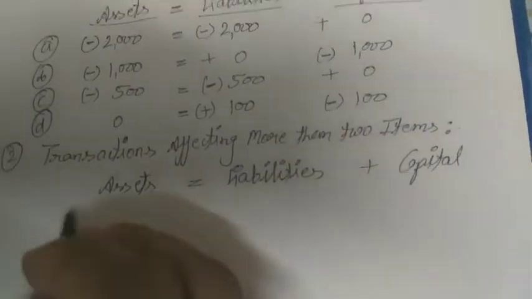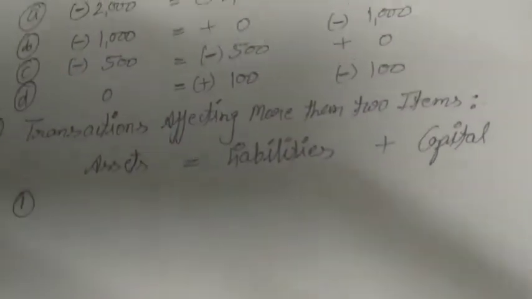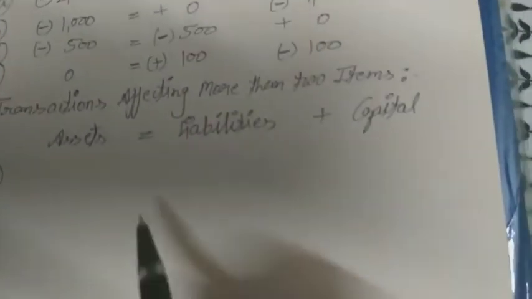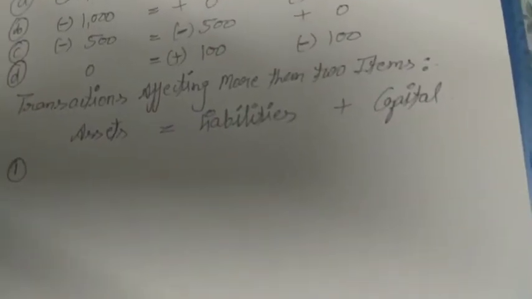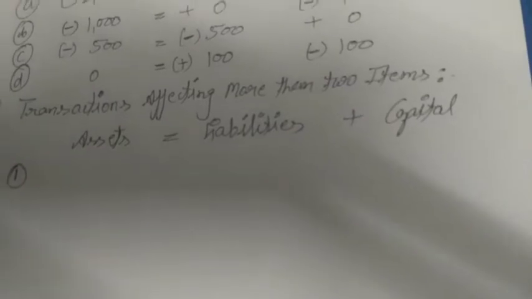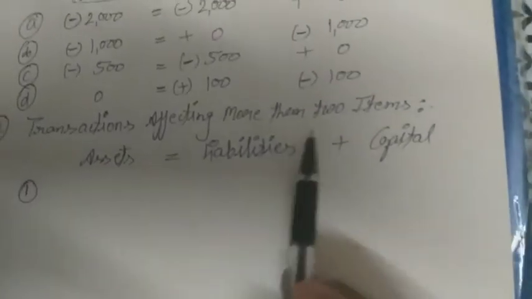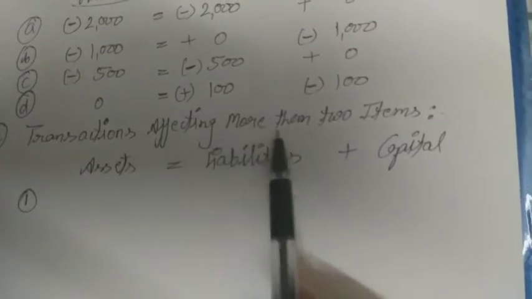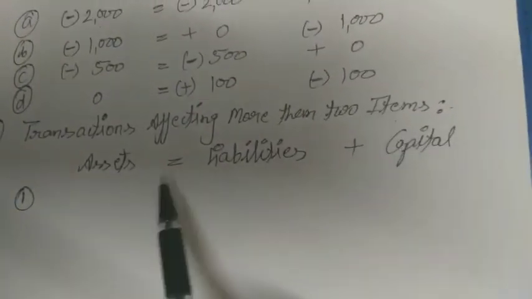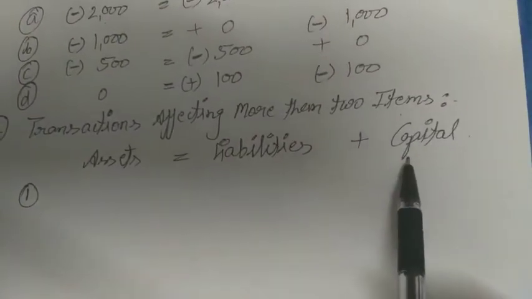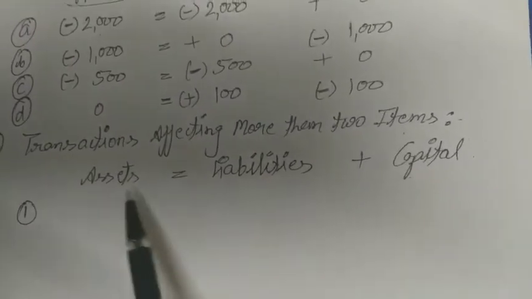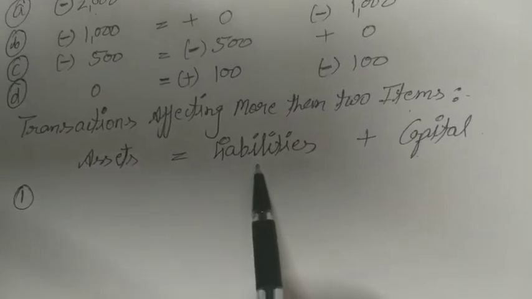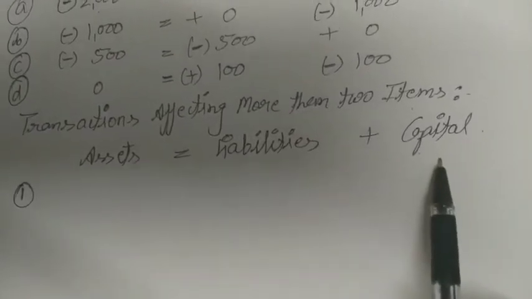When one transaction affects more than two items, it means all three items will be affected by a single transaction. Maybe some amount is added here, maybe some amount is added here, but some amount may be subtracted from here.